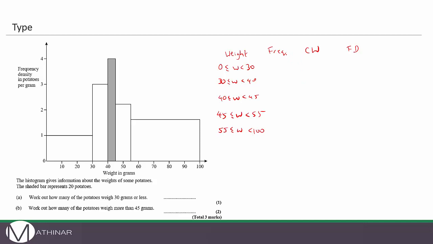Okay, the frequencies we don't know apart from the shaded bar represents 20 potatoes. So the 20 potatoes is from 40 to 45, so we are given that information already.